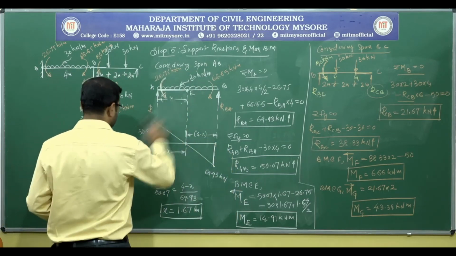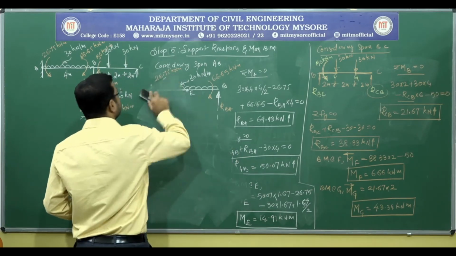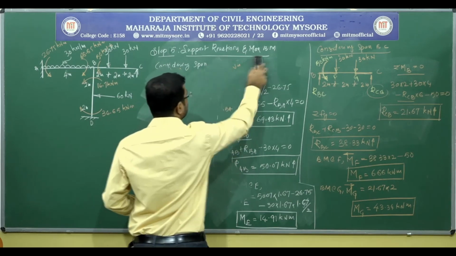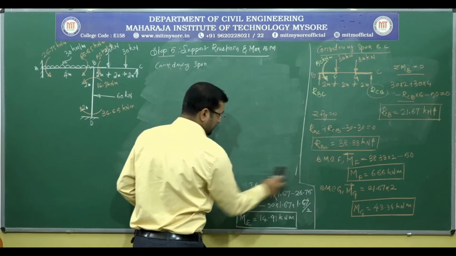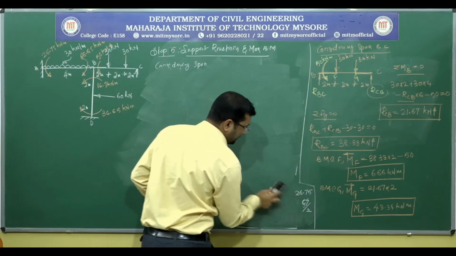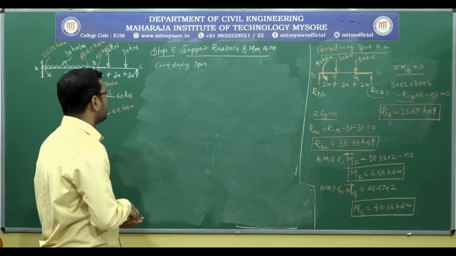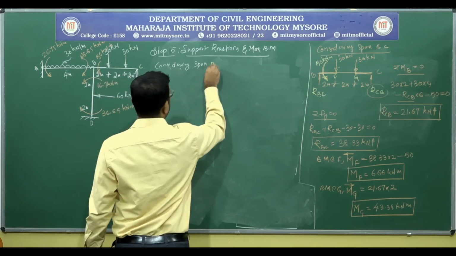Now similarly we have one more span, that is span BD. For that also we need to do the same, but here this span is a vertical member. Even though it is a vertical member, we need to repeat the same thing, considering span BD.